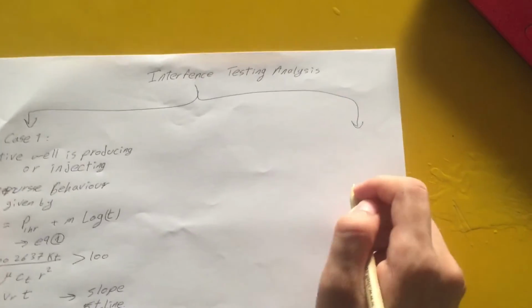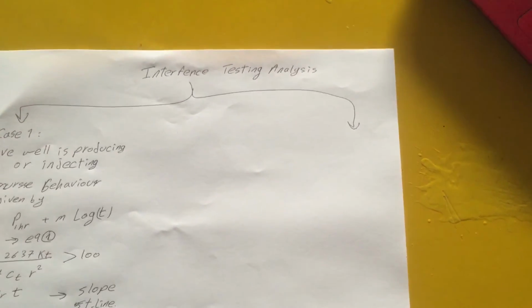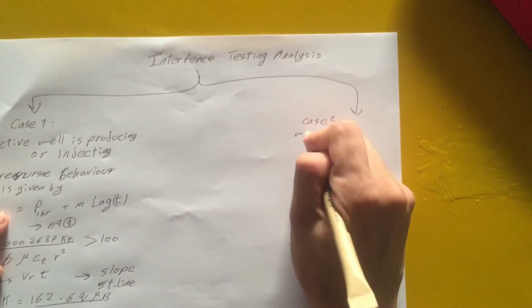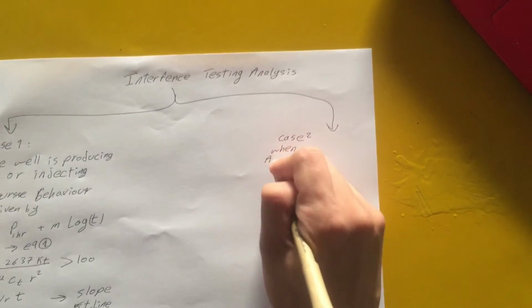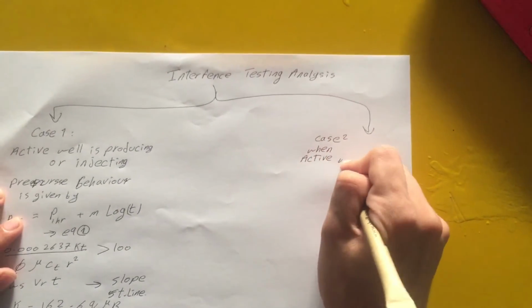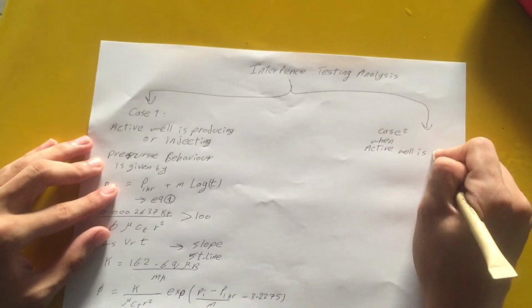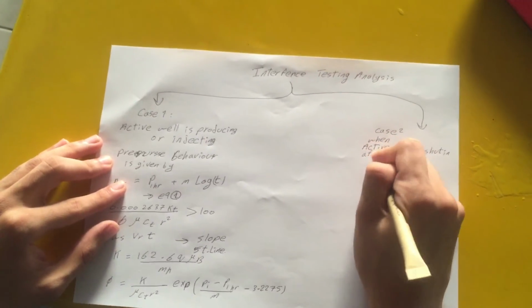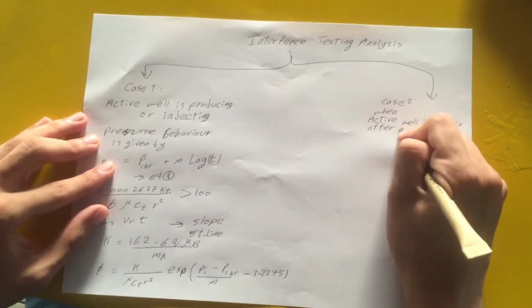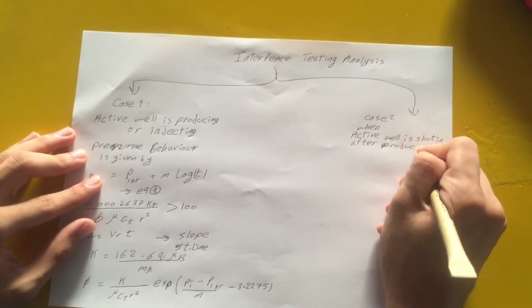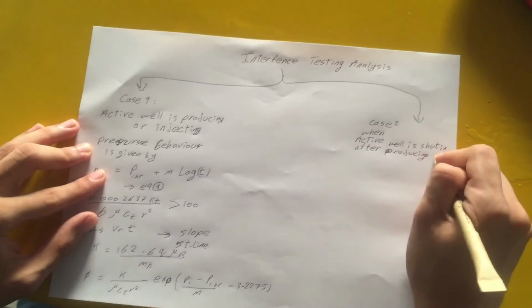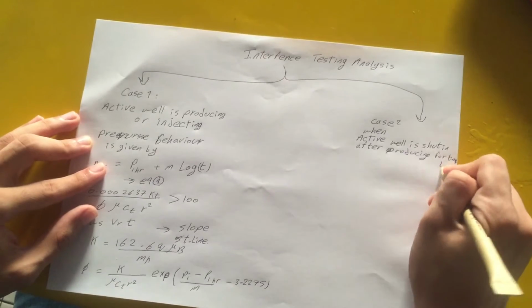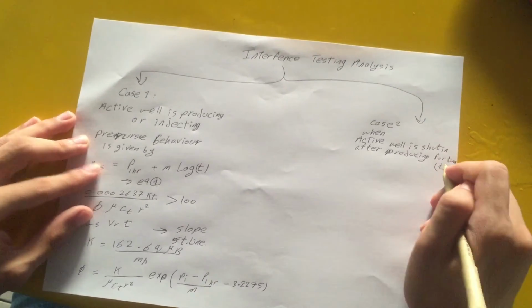For case 2, it happens when the active well is shut in after producing for a time, which is tp, the time of production.